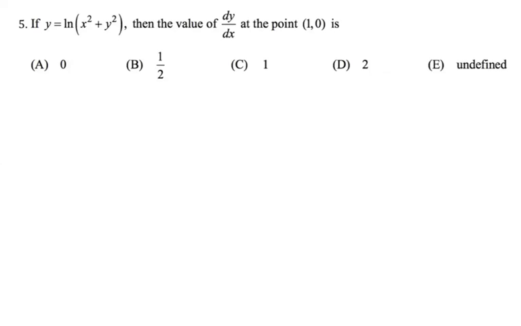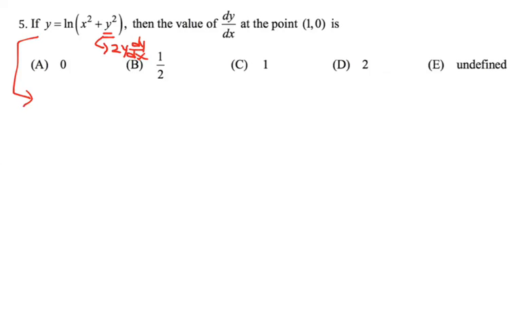Now, the next one. This one is using implicit differentiation. So we just have to remember, when you take the derivative of y squared, it becomes 2y dy dx. Okay. Now, using that, let us try to do this one.